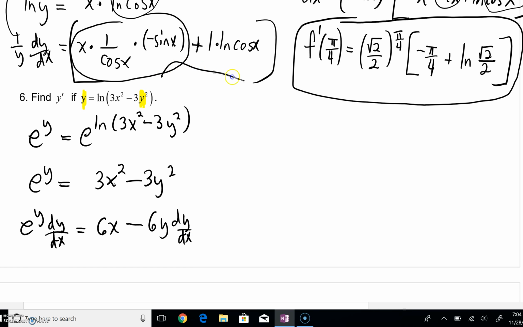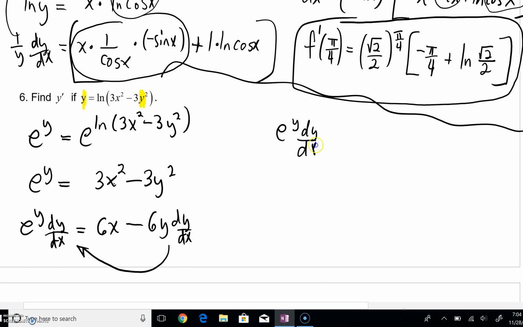Now, from here, we want to solve for dy dx, so I'm going to bring this 6y dy dx to the right-hand side. I want to get my dy dx's together. Then I'm going to factor out a dy dx.